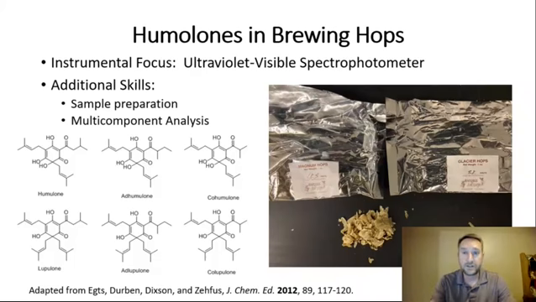So there were some additional skills that they're exposed to. One is sample preparation, and we give them a lot of exposure to sample preparation of different forms, but it was that multi-component analysis that they really had to engage in. In this particular case, the alpha humulones and the beta humulones are very similar in structure, but they do have differences in their absorption characteristics, and so we have what would be referred to as well-resolved spectra.